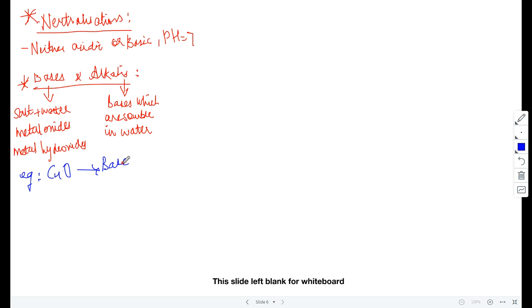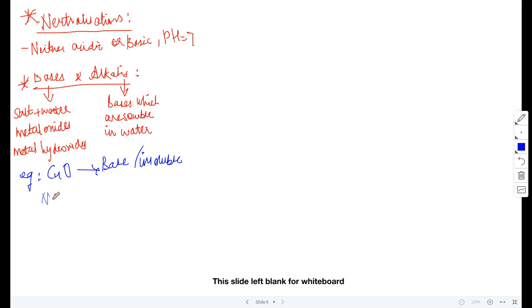No. Why is it not an alkali? Because it's not soluble in water. Very good, because it is insoluble in water, and therefore it is not an alkali.